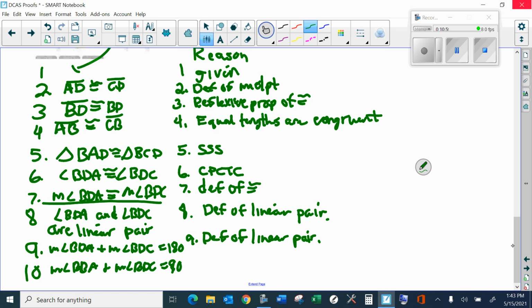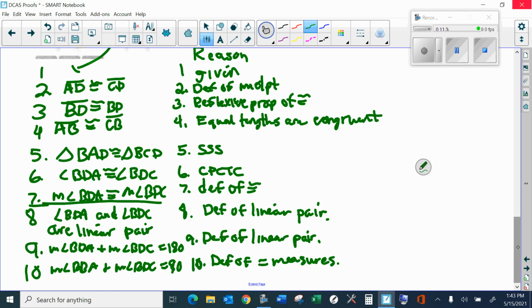And now you can talk about, let's say, definition of equal measures, because up here in 7 we proved that they were equal.